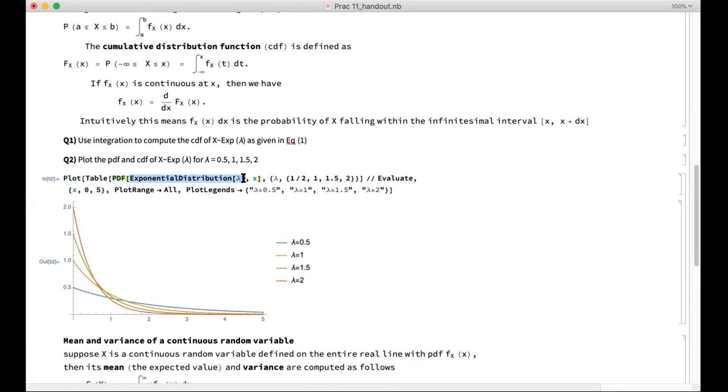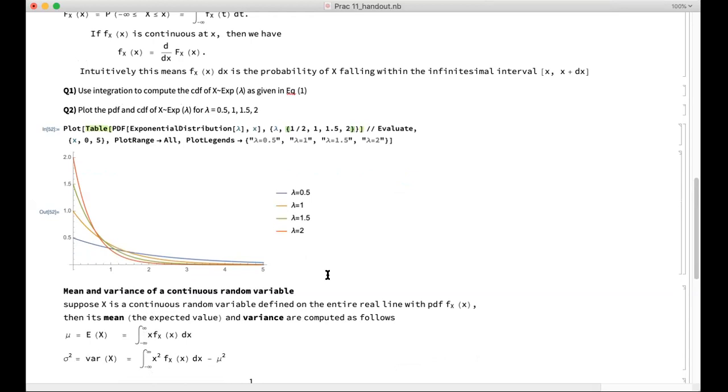You can give lambda values, and the PDF function computes the PDF of that distribution. And then I've tabulated the values because lambda varies, evaluated that for each lambda and plotted the function for x between 0 and 5. Okay, that's how the PDF should look.